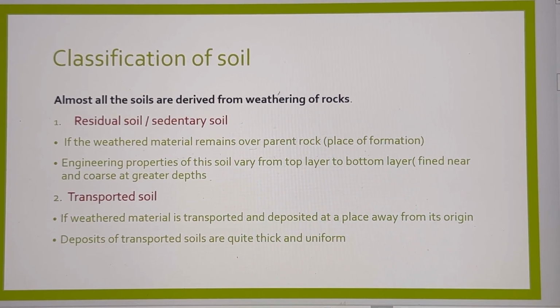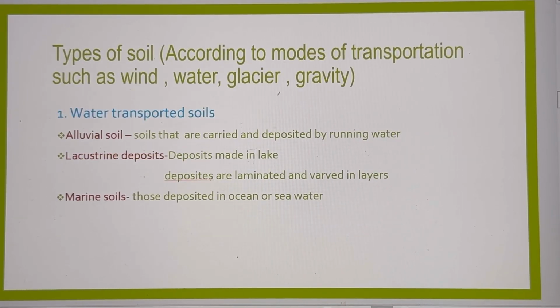Residual will be at the place where it is formed, and transported means it is transferred from one place to the other. Now transported soils are again divided depending on the agencies with which they are transferred. That is wind, water, glacial, gravity.